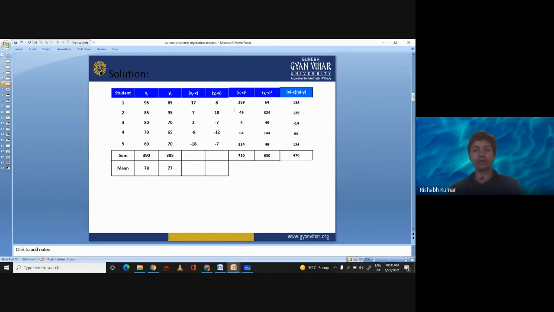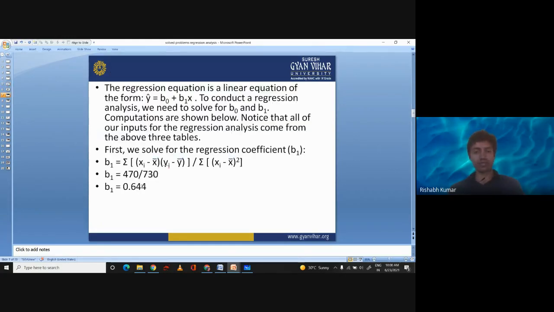And the summation for x minus x bar square, this column, is 730. So we just put these values, and we get the value of b1, that is the slope, 0.644. So this is our slope of the line of best fit, right?